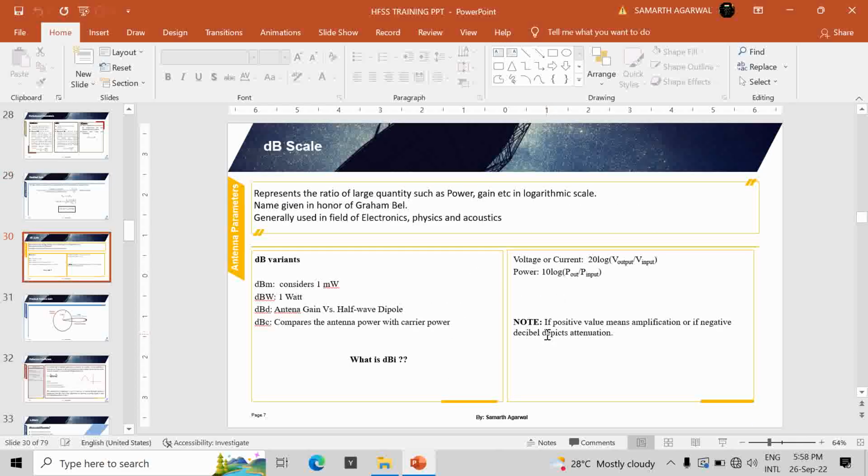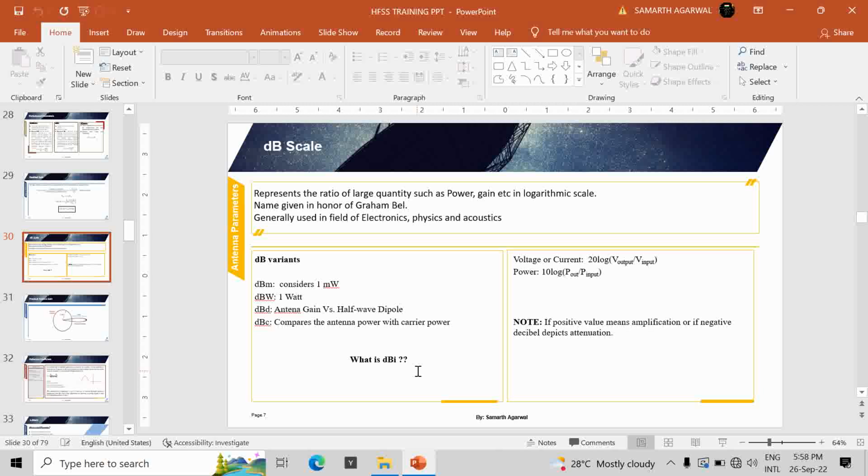What is dB? We have seen dBi, and gain is defined in dB, but we don't know what dB is. So dB is nothing but a logarithmic scale, mainly used whenever we are plotting large quantities like voltage, currents, powers.